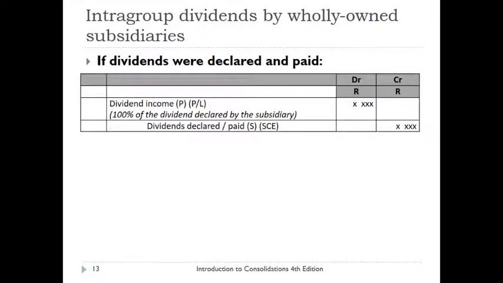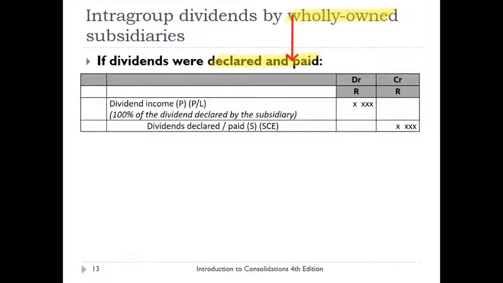Still looking at intragroup dividends declared by a wholly owned subsidiary, let's see what the consolidation journal entries would be if the dividends were declared and paid during the reporting period. When the dividends were declared and paid, it means that the parent company recognized dividend income and the subsidiary recognized dividend declared.